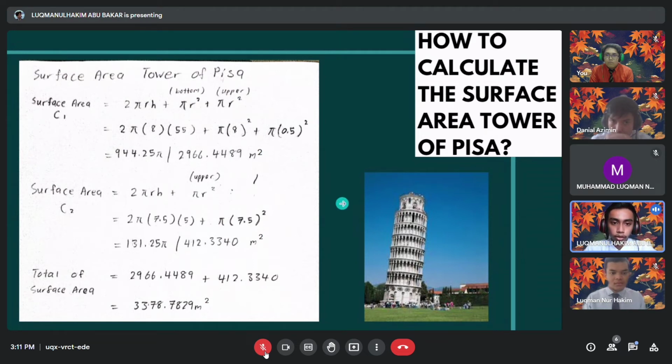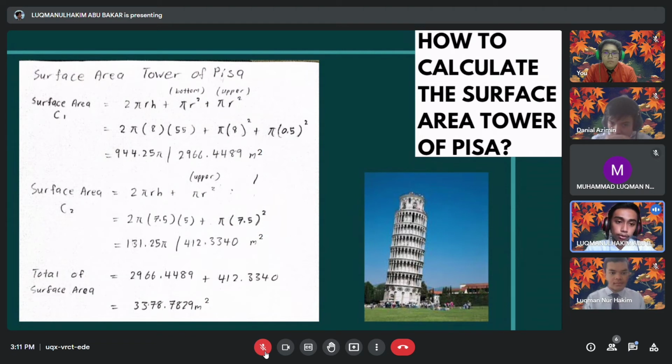The reason is that I omitted the bottom, because the bottom circle is covered by the upper circle of C1. So I do not take the bottom circle. The equation is 2 pi by 7.5 by 5 plus pi 7.5 squared.